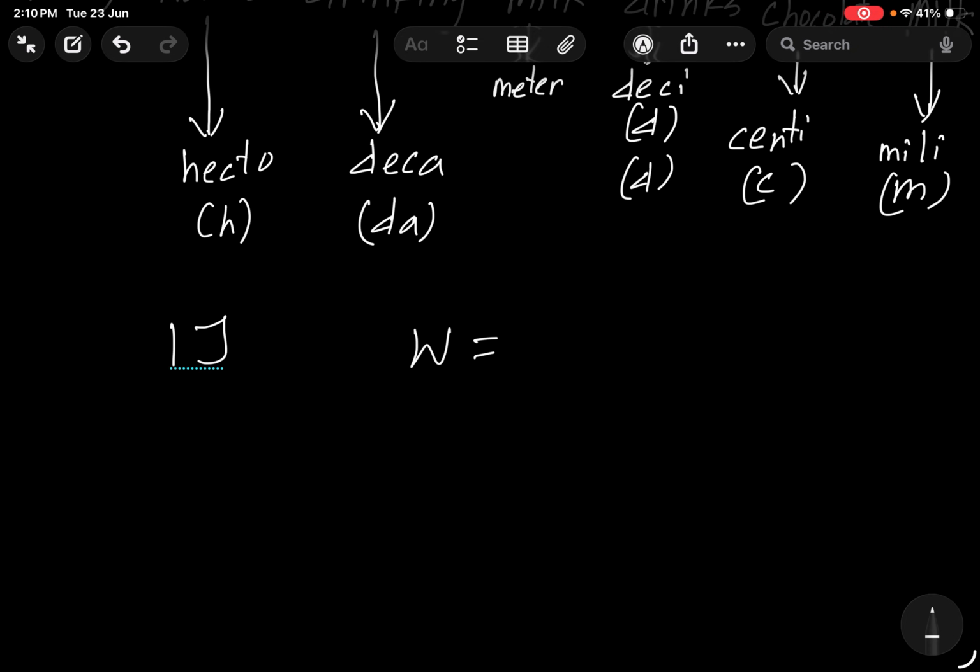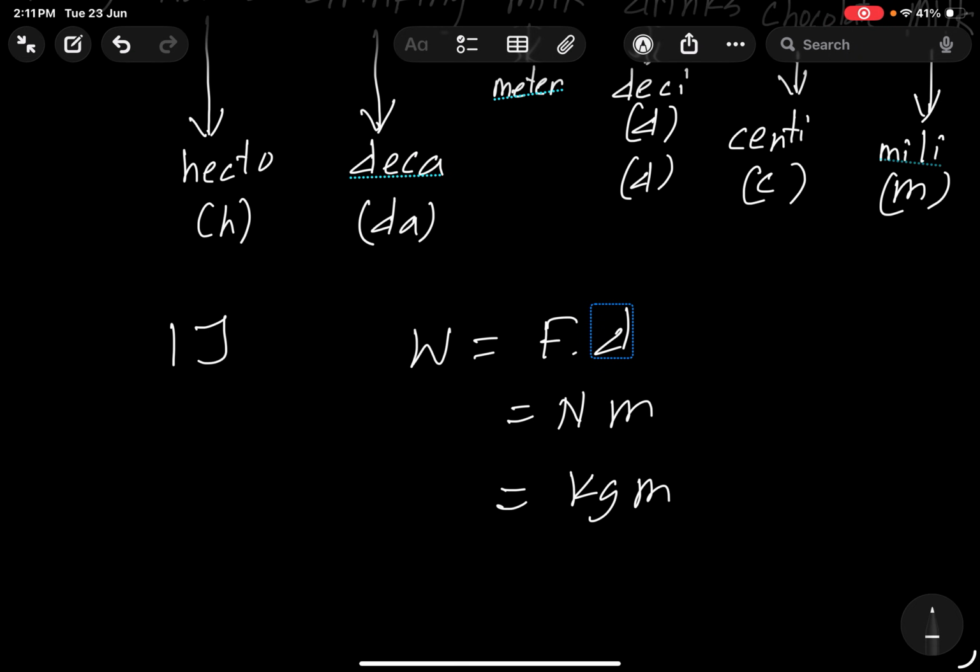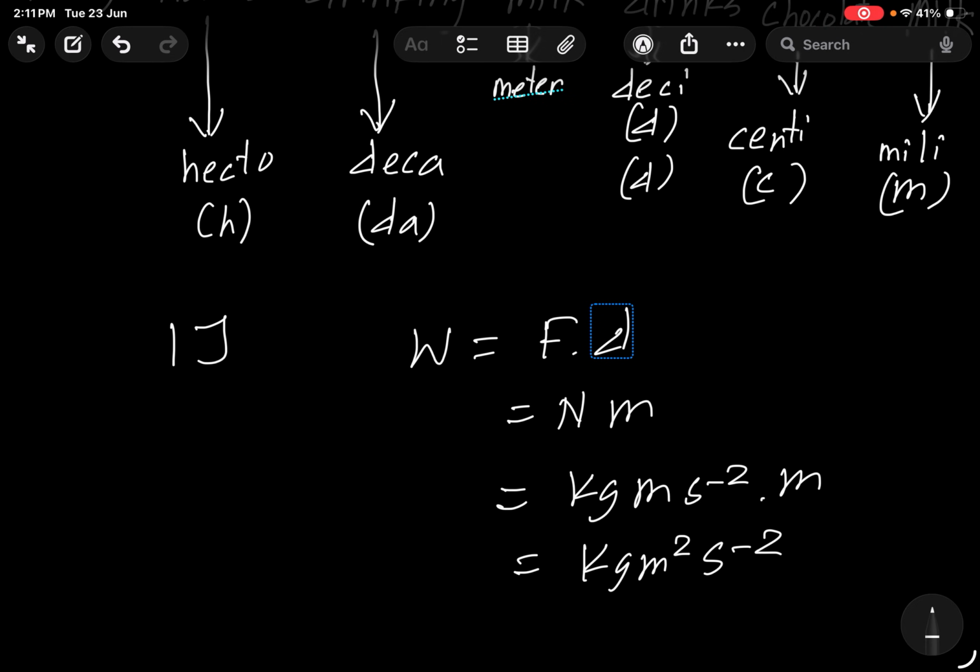The basic form for work done is force times distance. So force unit is Newton and distance is meter. Newton is F equal to ma. So this is kg meter per second square times meter. So it can be represented by kg meter square second to the power minus 2. So these units are called the derived units.